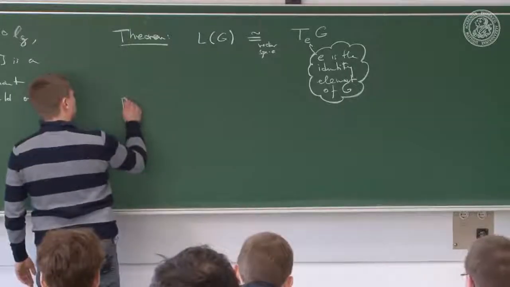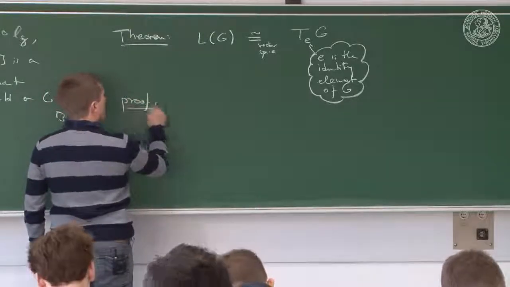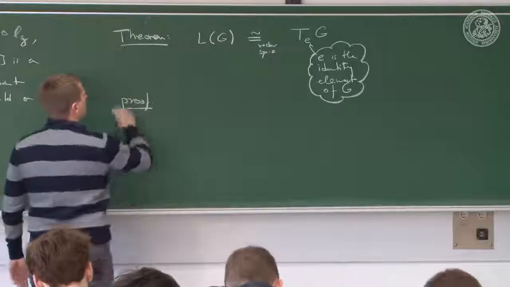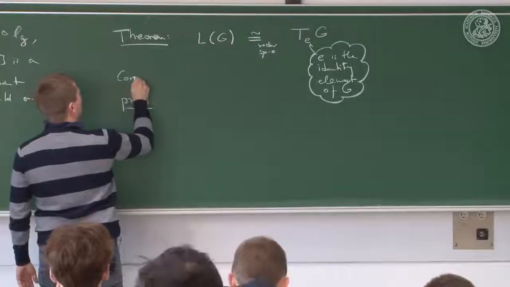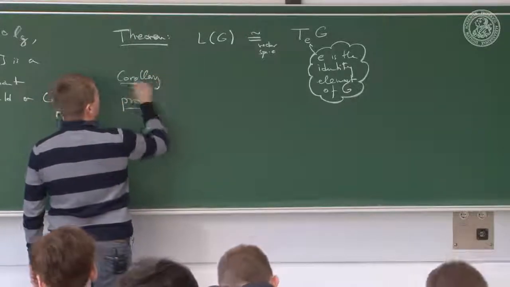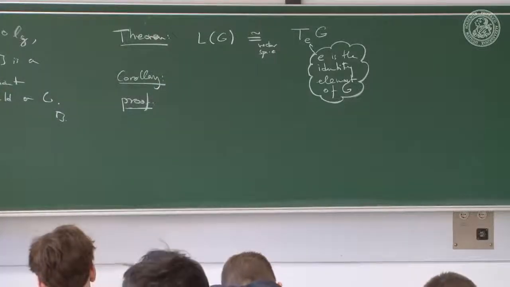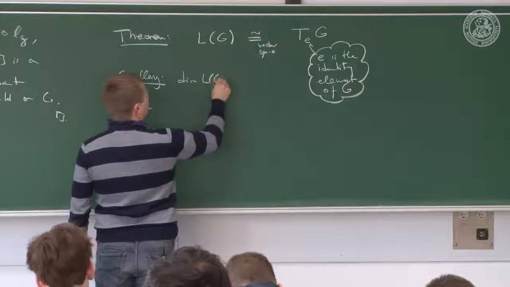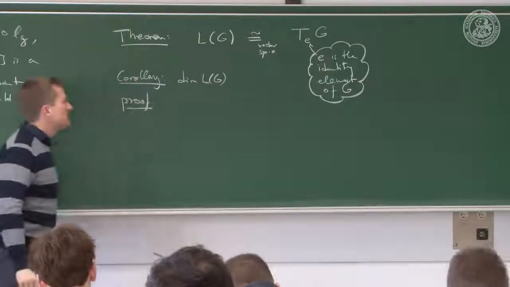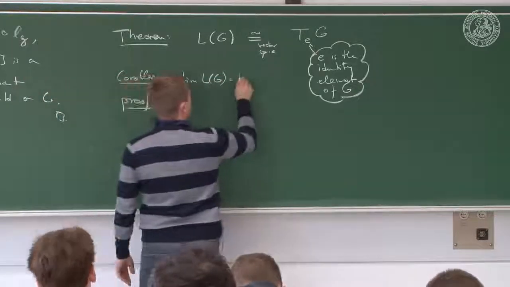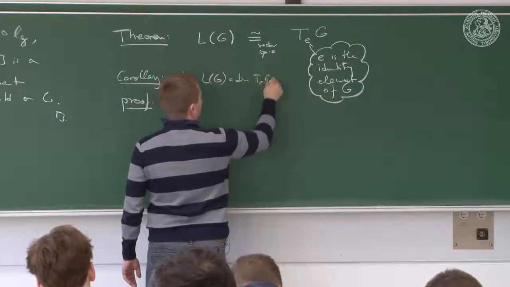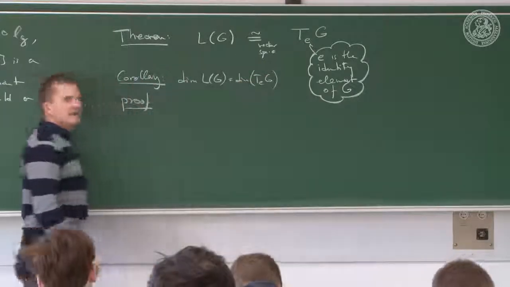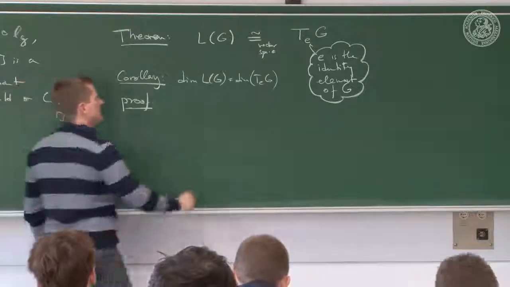Okay, proof. Well, before we prove it, I can immediately write the corollary. So if this is true, if we're able to prove this, it follows, of course, that the dimension of the Lie algebra, the vector space dimension, is the dimension of the tangent space of the Lie group at the identity. It's, again, a vector space dimension.